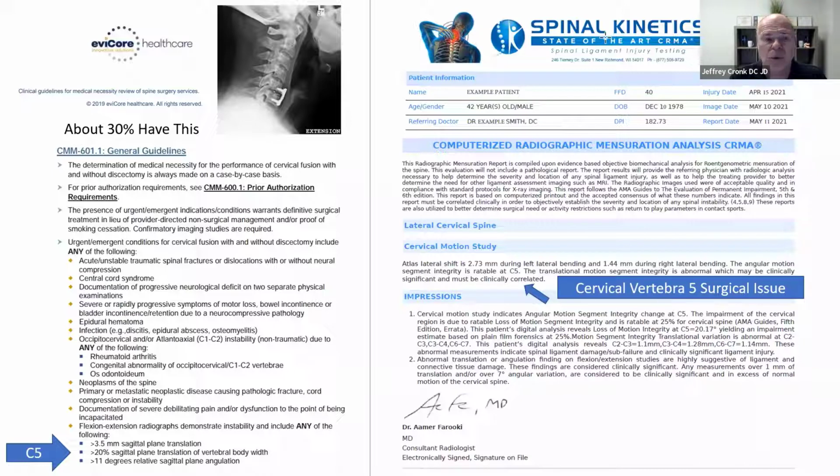So I lead with something that the attorney knows or thinks they know, a disc herniation. So I'm going to lead with a disc herniation. Hey, one of the things we specialize in is the serious injuries that are picked up on MRI, like disc herniations, and the serious injuries that are not picked up on MRI, because the MRI is not designed to pick up excessive motion.